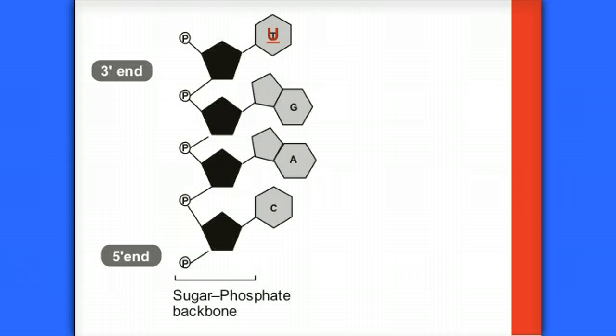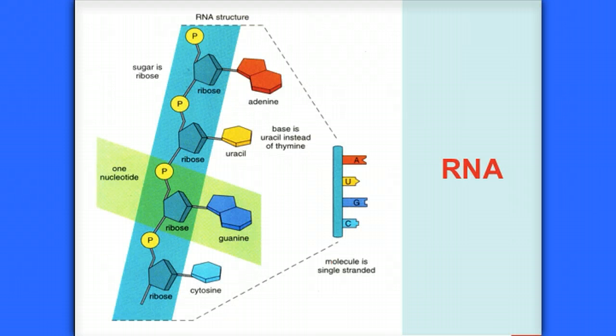Here we see an RNA molecule, a single-stranded structure, and also we have U instead of T in this particular molecule. These are the components again of an RNA molecule: the phosphate, the sugar, and the base.